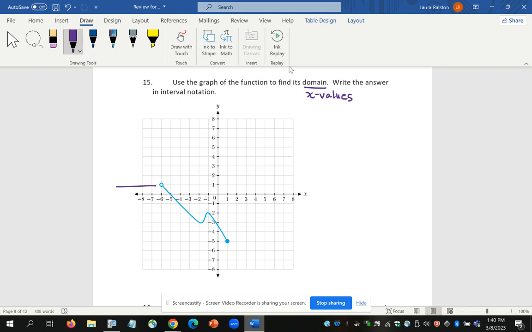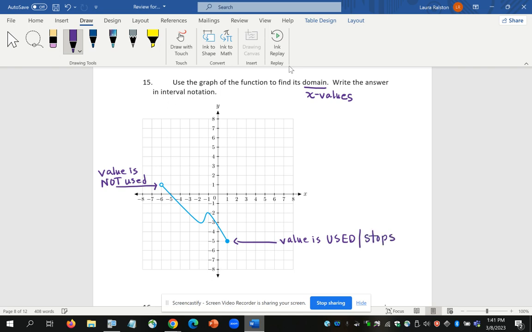This little open circle dot means that that value is not used, but it also means that it stops at that point. The colored in dot at the other end means that that value is used, but again, it stops at that point.